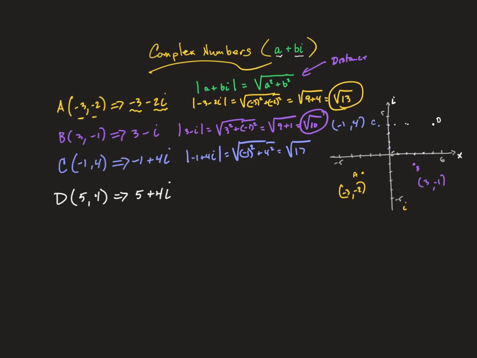And then finally, this last problem, we have the absolute value of 5 plus 4i is equal to the square root of 5 squared plus 4 squared, which is the square root of 25 plus 16, which is the square root of 41. And that is the distance from the origin for those complex numbers, calculating the distance.